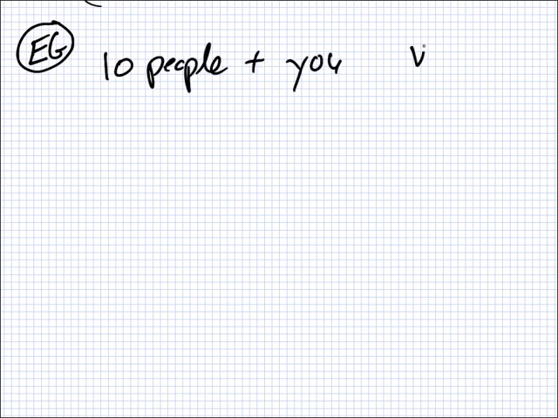So there's 10 people plus you voting on something. And again, it's a simple majority, yes, no, and we'll keep it simple. We'll say the probability that you vote yes is 1 over 2. So each person can vote yes or no.